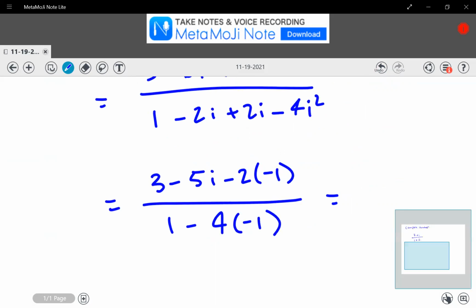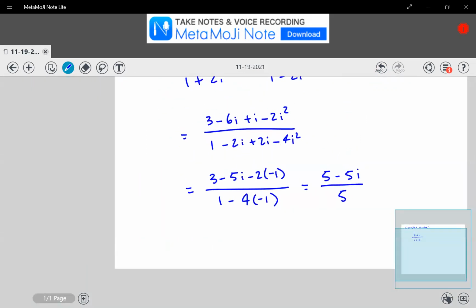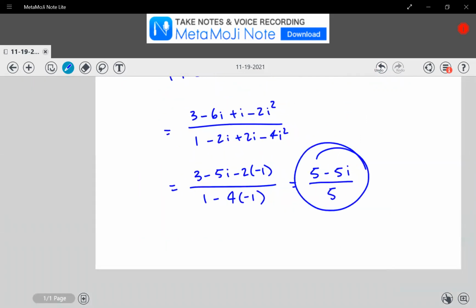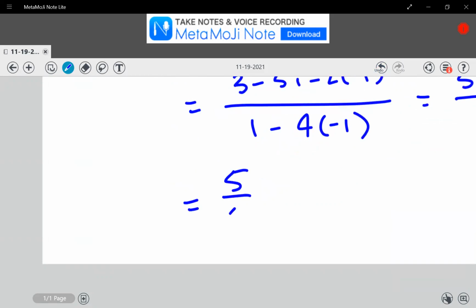And this is going to give us 5 minus 5i divided by 5. And now we can go ahead and divide this. We can separate it and get 5 over 5 minus 5i over 5, and we end up with 1 minus i.